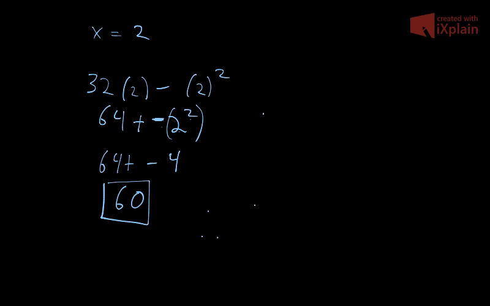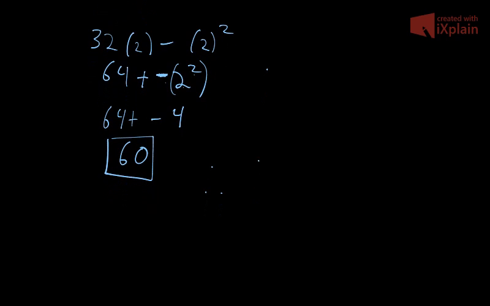So the one concept I wanted to make sure we had there, besides being able to plug things in, was knowing that negative 2 squared is going to be negative times 2 squared, so negative 4. If I have negative 2 in parentheses squared, then I'm going to square the entirety of the negative 2, which is going to be negative 2 times negative 2, which is going to be positive 4.